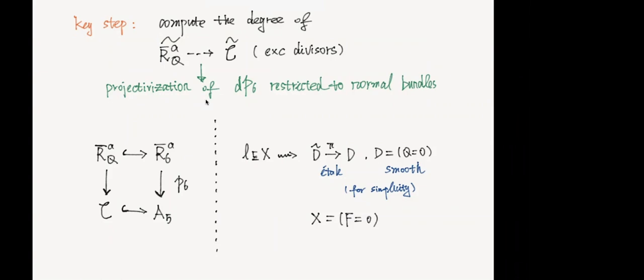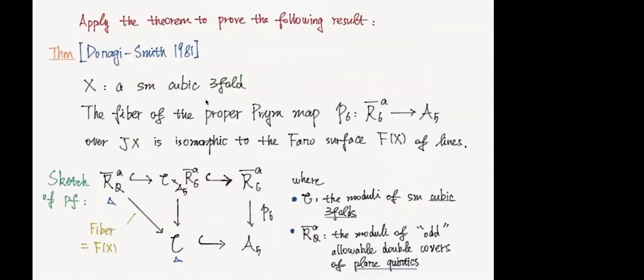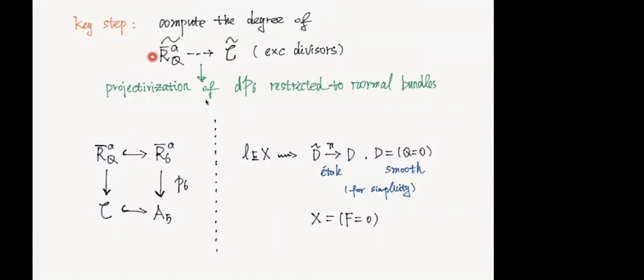Okay, so then in Donaghy and Smith, to compute this local degree, the key step is to compute this degree. We need to do some infinitesimal computation. For example, compute this differential of the period map.